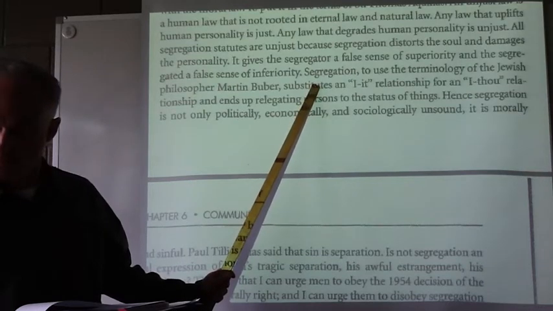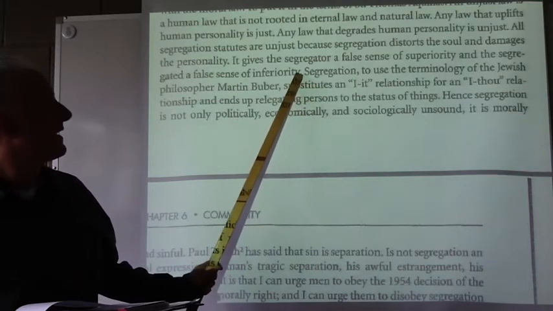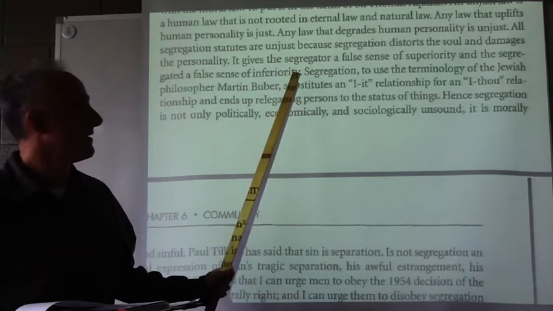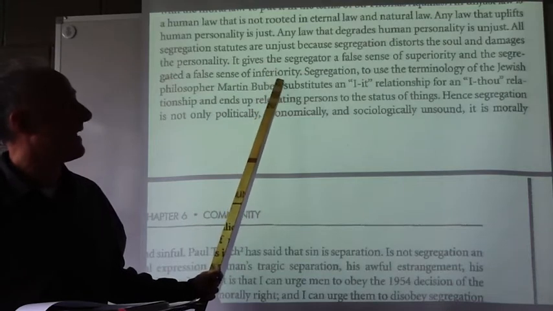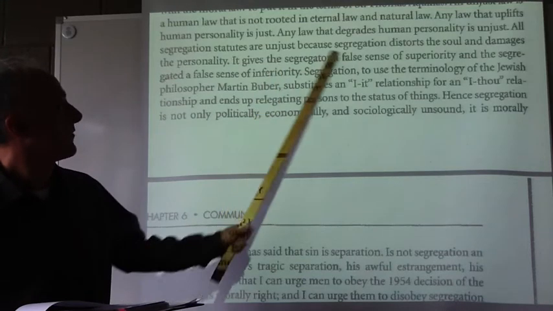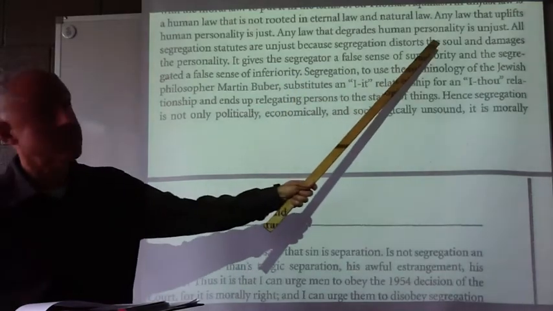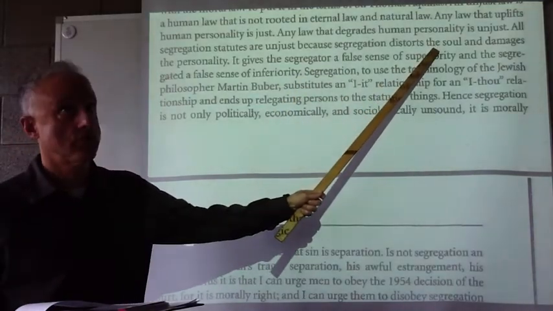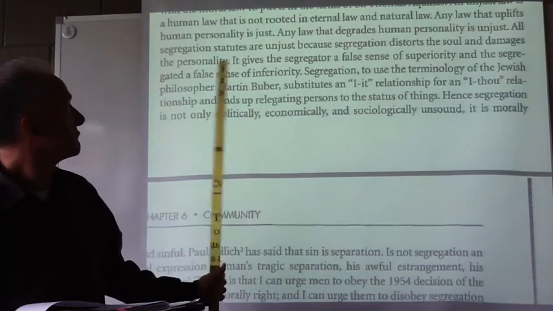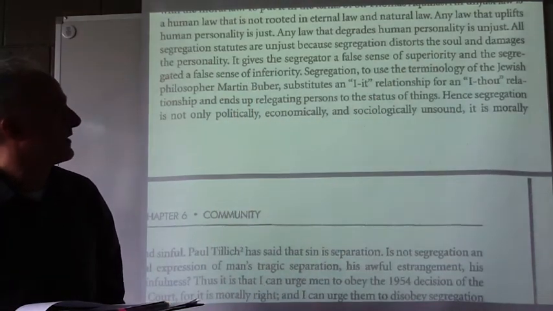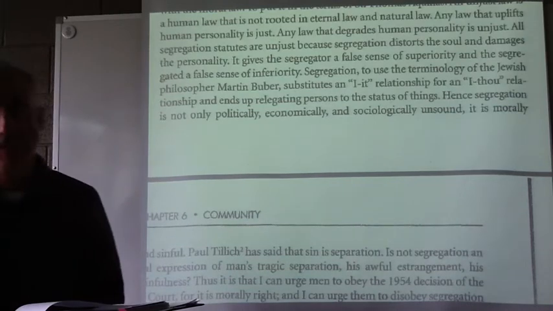Let's see. He is explaining. He's going into depth, like psychological explanations of why segregation is wrong, right? And so it's very admirable to go into such depth. And he has more supportive people that he's referring to. Now let's move on to the next page.